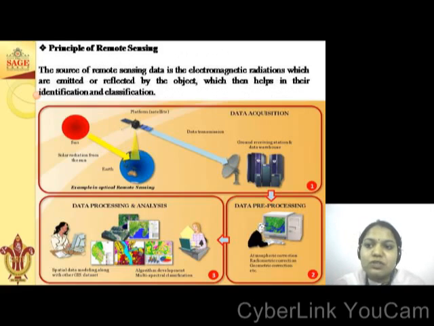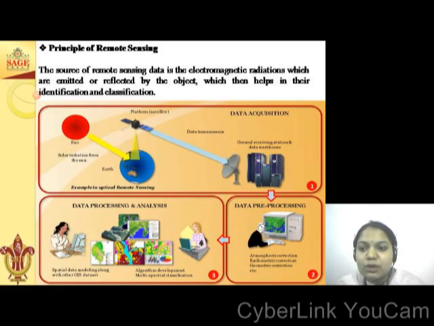Moving towards the principle of remote sensing, the basic principle tells us that it uses electromagnetic radiation which is emitted and reflected by an object and helps in further identification and classification.